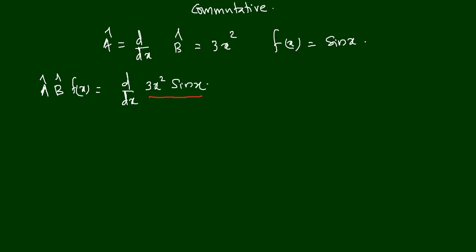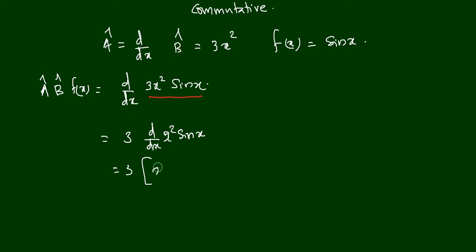How can we do this? This is the product of two functions, 3x square and sin x. We can keep 3 as a constant, then 3 times d by dx of x square sin x.